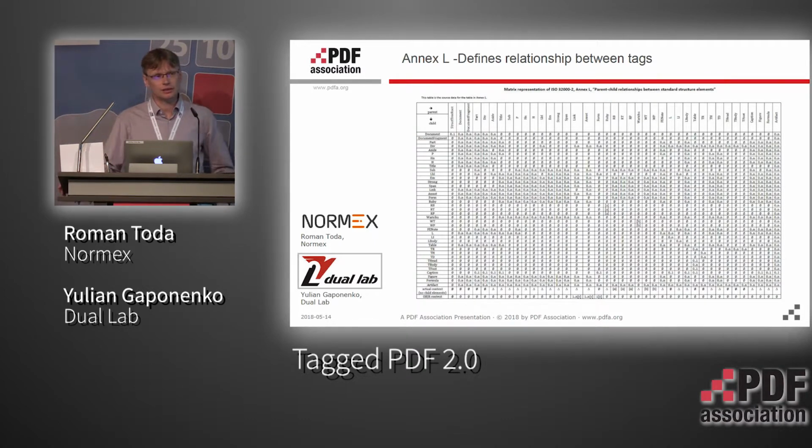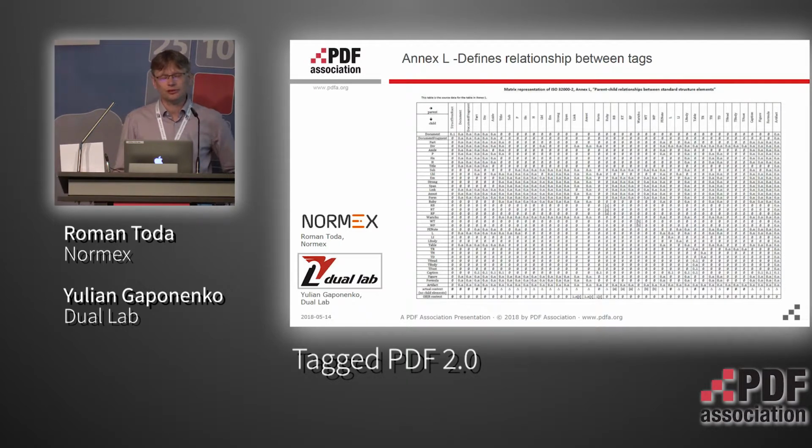Another great addition in 2.0 is this big table. We call it Annex L, and it defines relationships between tags. As we know, 1.7 was not very good at defining which tag could be the parent of which, and which tag could be the child of which tag.